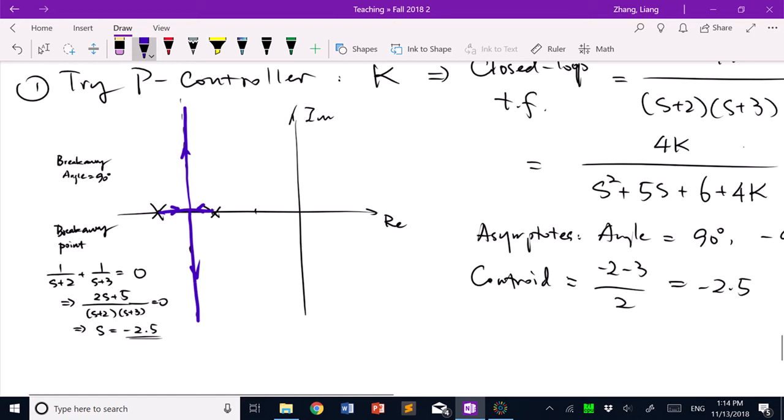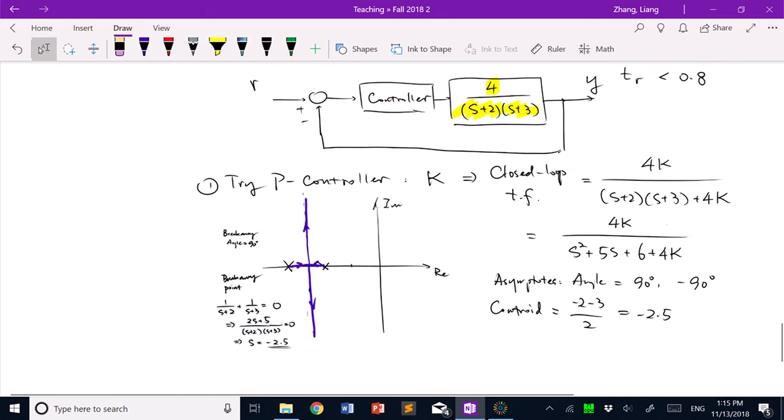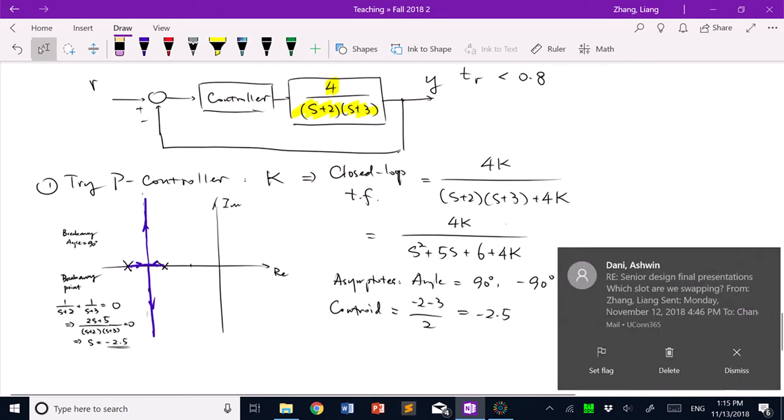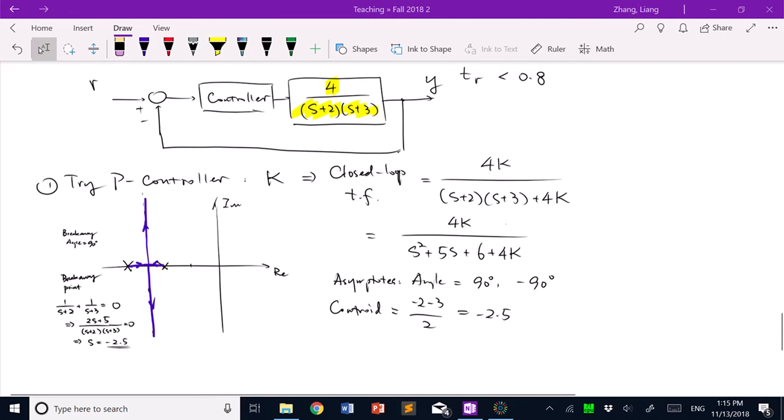They will break away, they'll come together, and when they break away, they will break away up and down exactly, hold that 90-degree angle, and go towards infinity. And this will be the root locus of a closed loop system with the plant defined in the highlighted area and with the controller being a pure P controller.